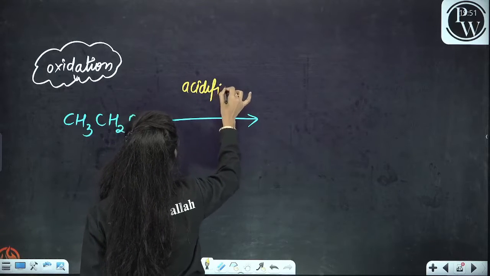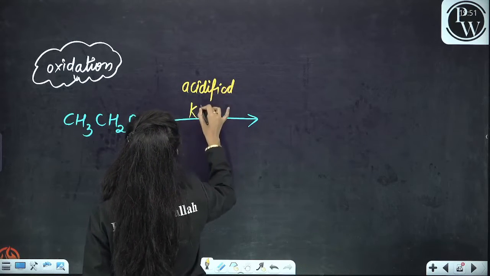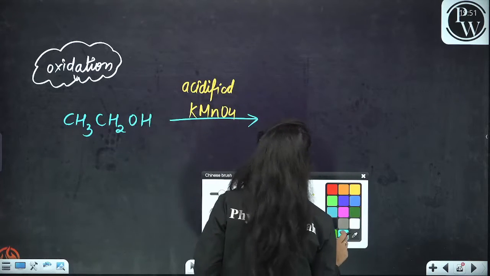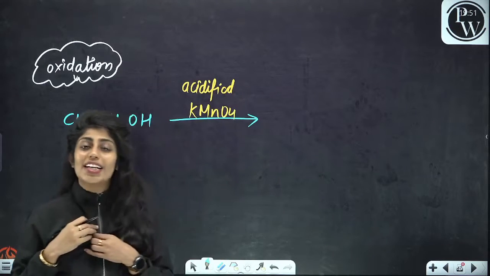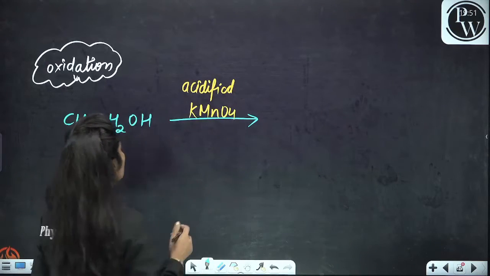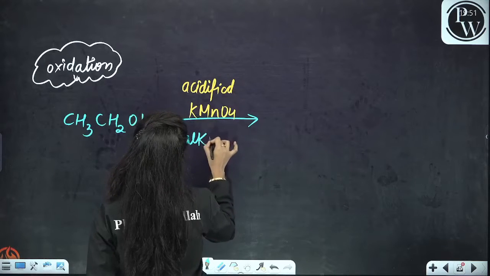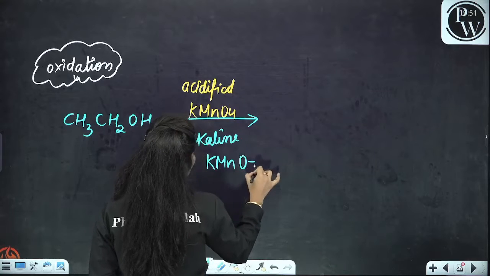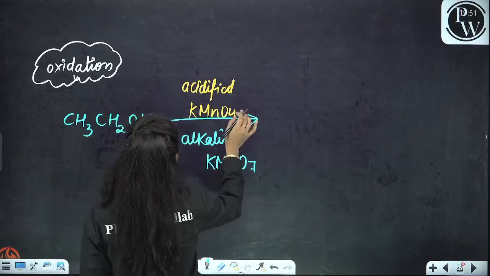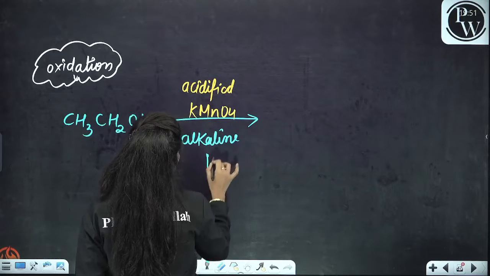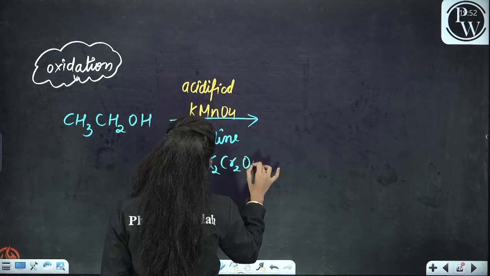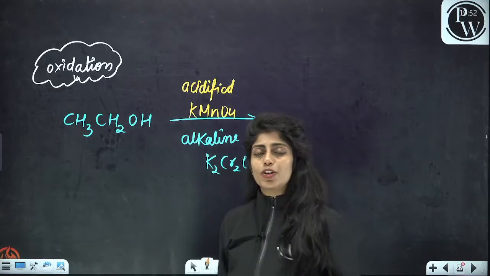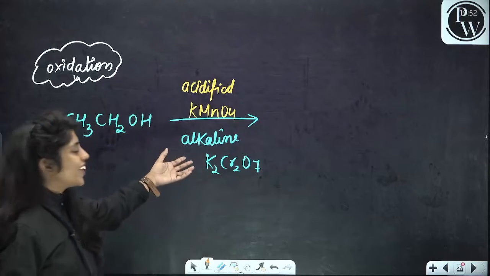You can check how many oxygens it can carry, lots of. So it can add oxygen. That's why it is working as an oxidizing agent. Another one can be alkaline KMnO4, potassium permanganate, and K2Cr2O7, potassium dichromate. Potassium permanganate and potassium dichromate have a lot of oxygen they can add.